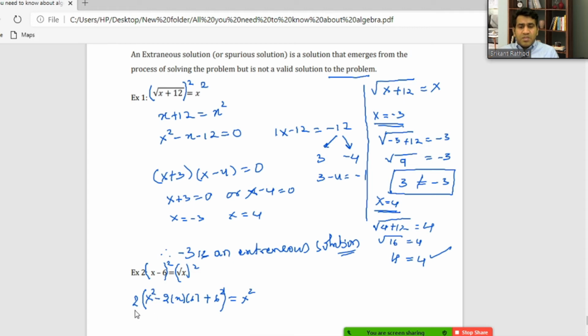Then this expression becomes 2x square, 2 times 2 is going to be 4, minus 4 times 6 is negative 24, or I can say negative 2 times 6 is negative 12, negative 12 times 2 is negative 24x, plus 6 square is 36, 36 times 2 is 72, that is equivalent to x square.